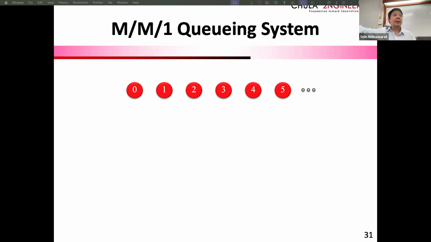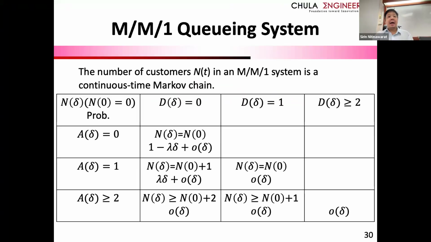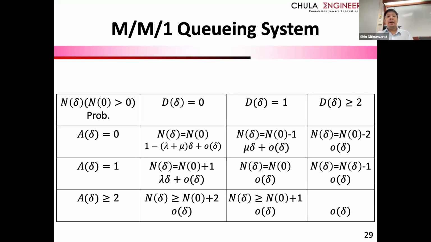So there will be fluctuation in the total number of customers in the system. But in the long term, we already know the dynamics of the changes of the system. So what is that dynamic? Again, the dynamics are the probabilities that we described.